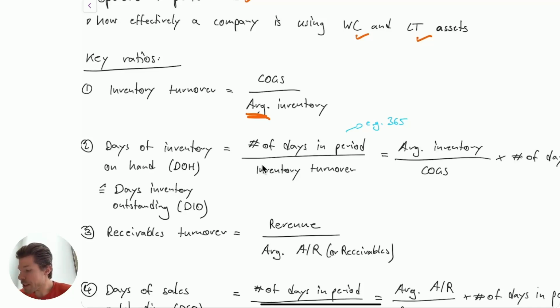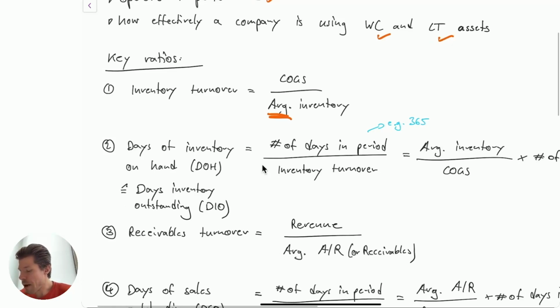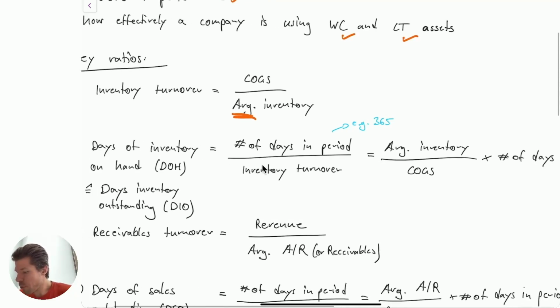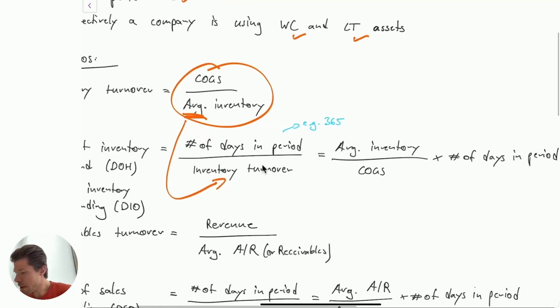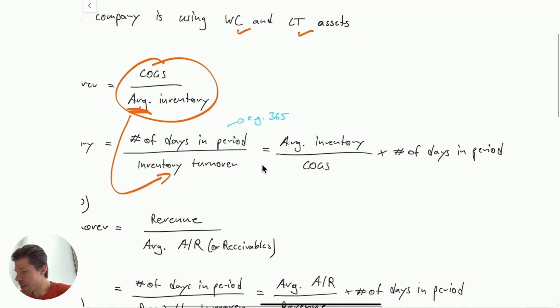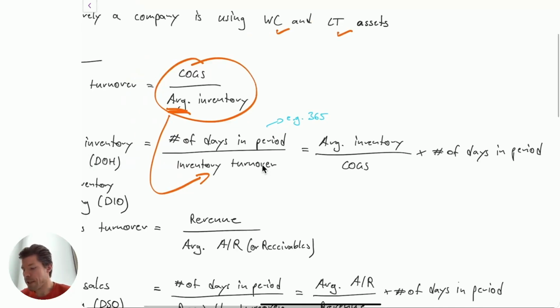So your period should also reflect your denominator. So number of days in period, if you look at 1 year, is 365, and then in the denominator, you have your inventory turnover, which is the formula above. If you plug it in here, you basically get average inventory divided by cost of sales or cost of goods sold times 365.